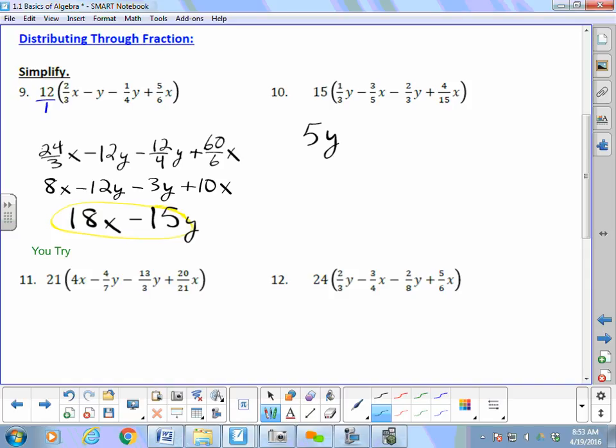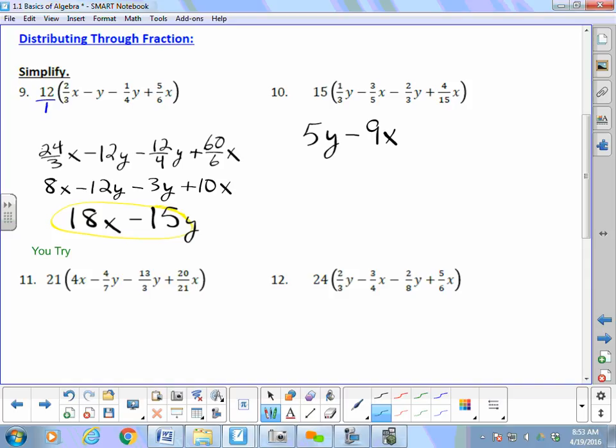The next one, negative 3/5 x. 5 goes into 15 how many times? 3. So 3 times negative 3 is negative 9x. Do you see the difference? The next one is a 3 again. 3 goes into 15 how many times? 5.